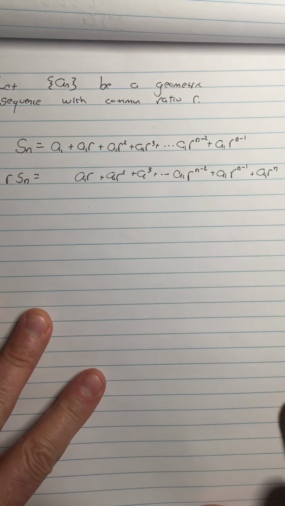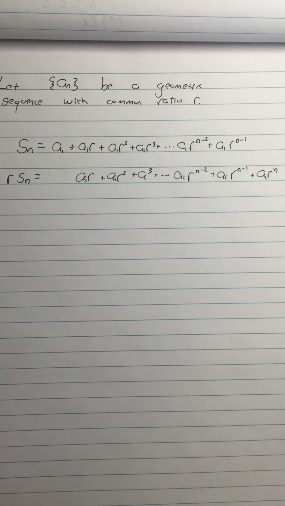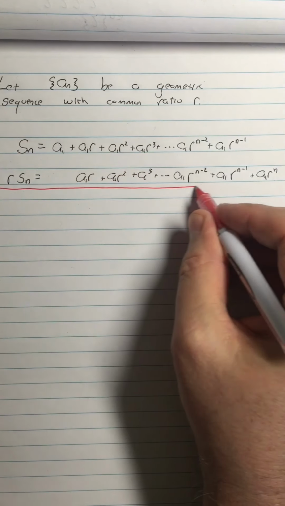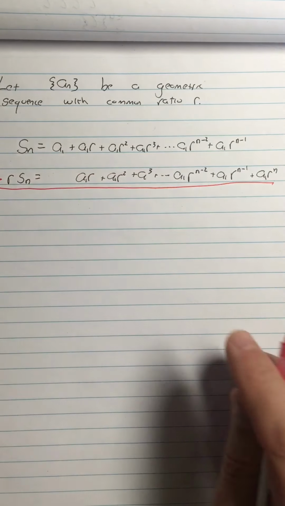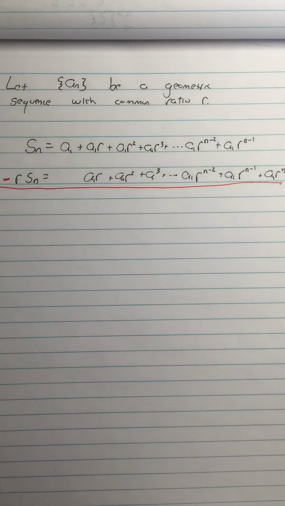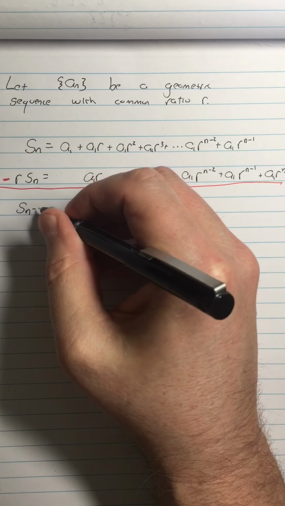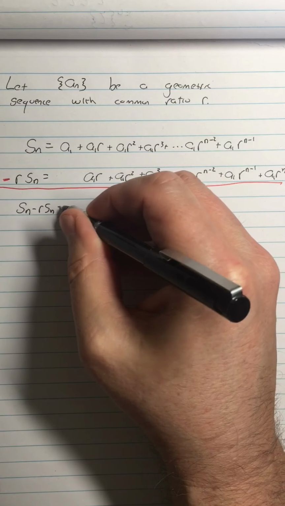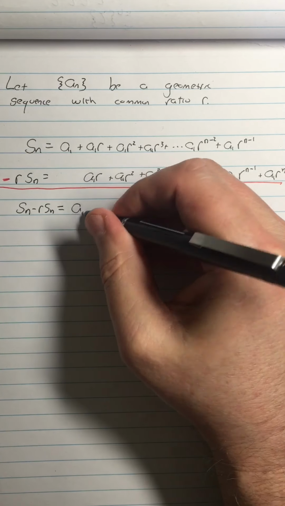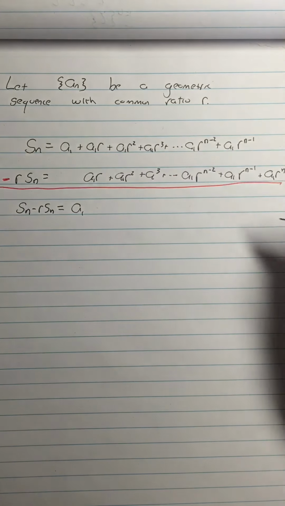All right, maybe I can zoom up a little bit so we can get all that on screen. Yeah, that barely works. Okay, so here's the clever thing that we do. We subtract these two. Then what I get here is S sub n minus r S sub n equals, so the a sub 1 brings down, and of course all these are going to cancel out because I'm subtracting them.